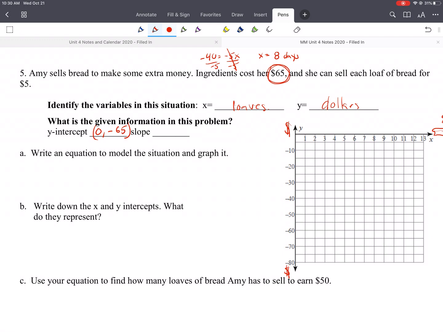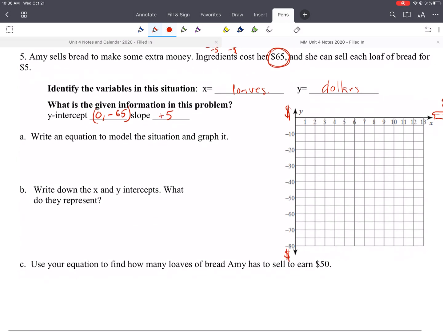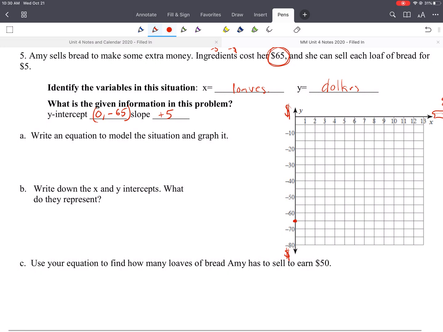She hasn't earned any money. And the slope here, she gets $5 a loaf. So that's positive, it helps her up. So let's plot this first one, negative 65, and then it has a slope of 5. So it goes up 5 over 1, up 5, 1. So it's going to look something like this.